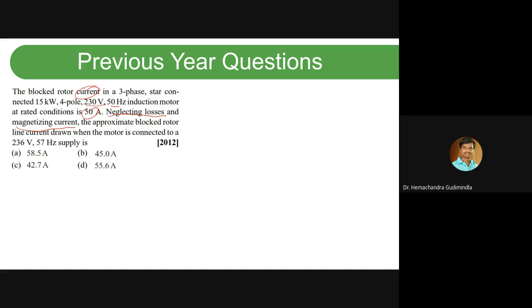They are asking for the rotor current at a different voltage and frequency. The given readings are 230 volts and 50 hertz, with a current of 50 amperes. Now if the voltage is 236 and the frequency is 57 hertz, then what is the current? So rotor current, anyway, I2.